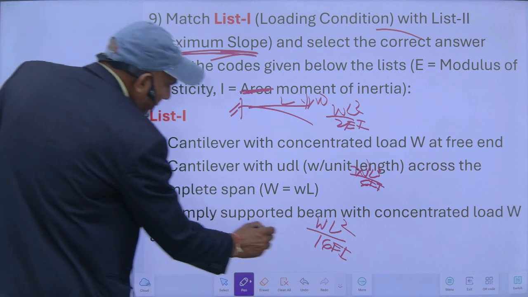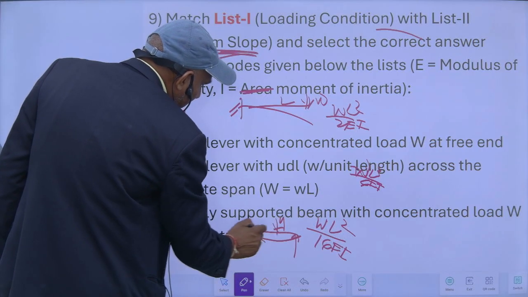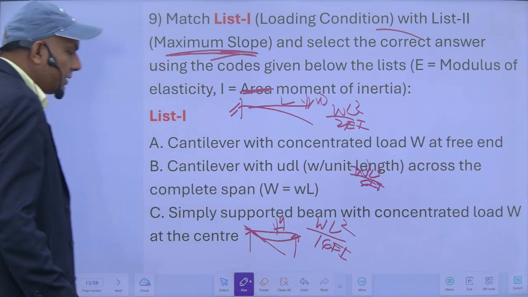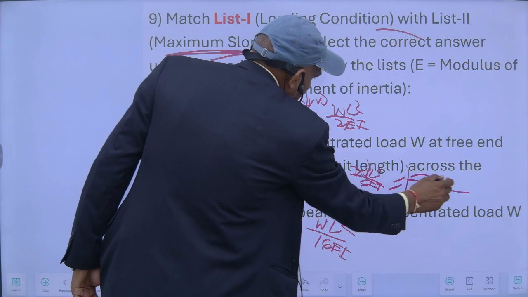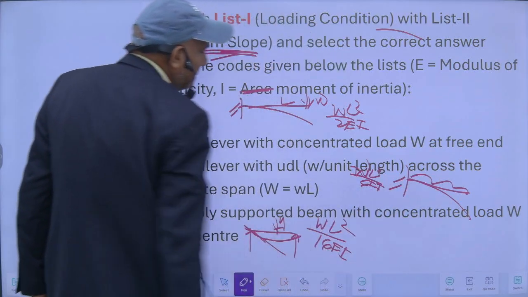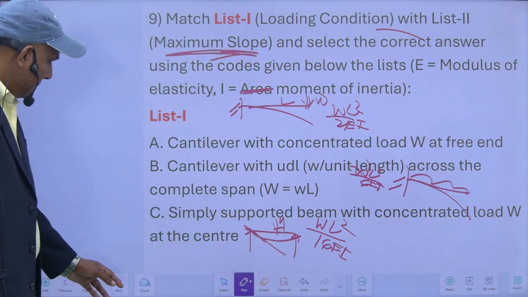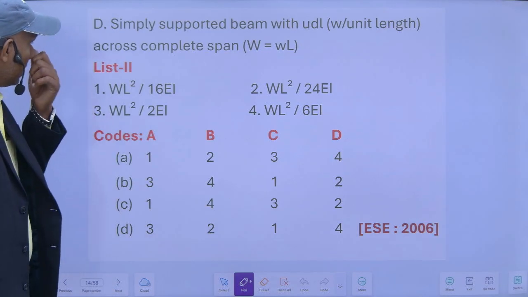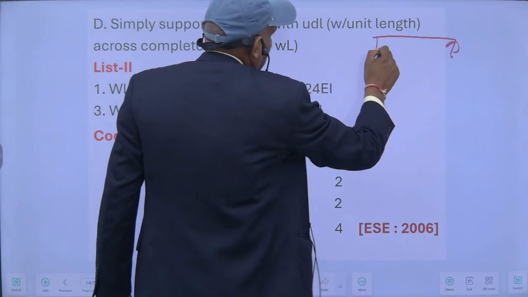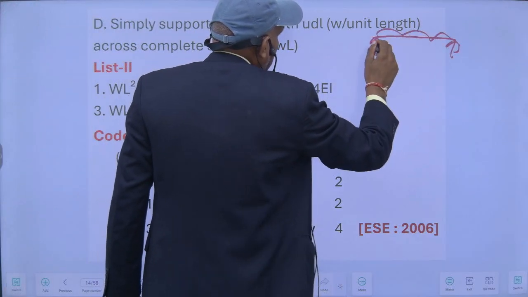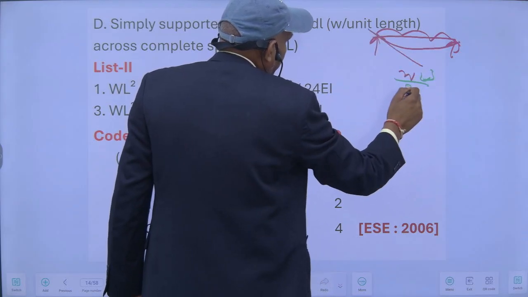In case of simply supported carrying UDL, this theta is WL square upon 16 EI. In case of UDL, it is WL cube upon 6 EI, and simply supported beam with UDL, this is WL cube upon 24 EI.